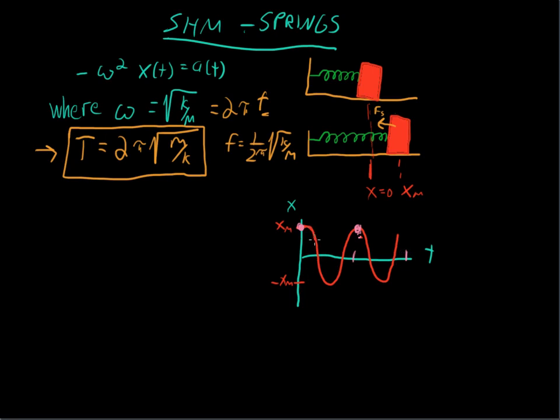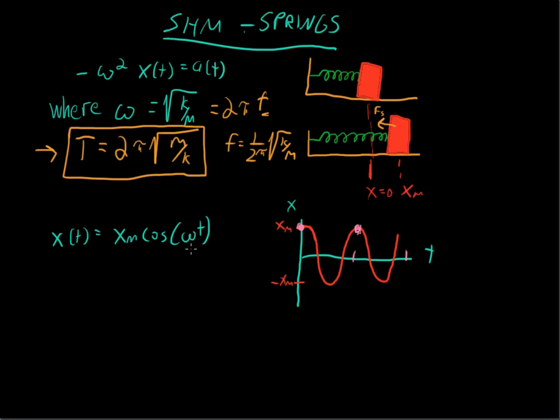Now, one of the things that we can take from this is that we do have this sinusoidal motion, and specifically this is a cosine function. And it's obviously related to the period. There's actually a very nice relationship, which is that x of t equals x max times the cosine of omega t.